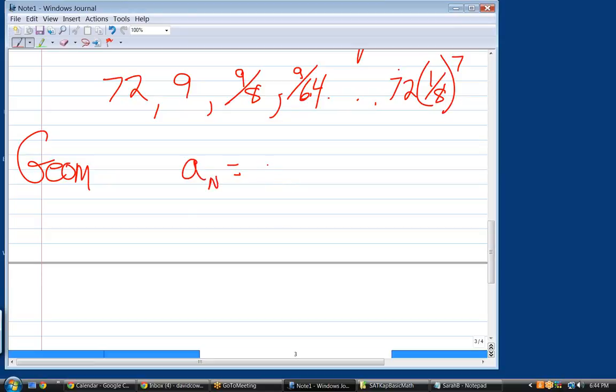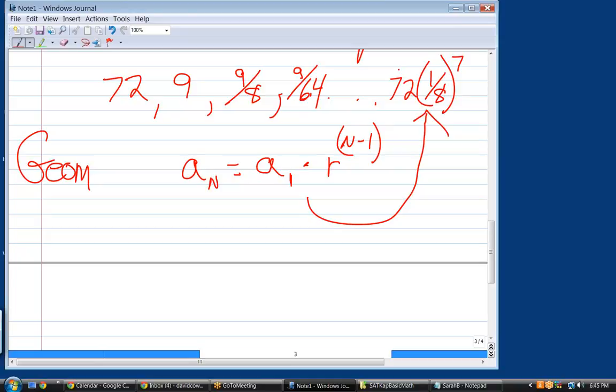So a sub n is equal to a sub 1 times r to the power of n minus 1. Looking at that last term, what is n going to be?